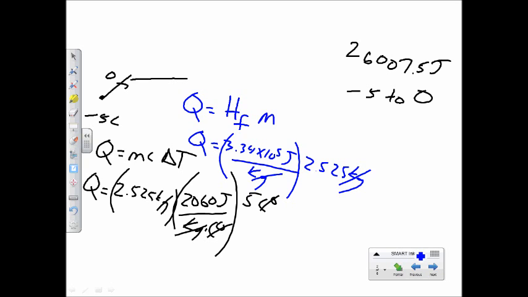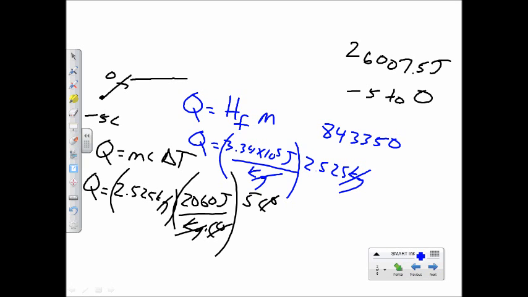So 3.34 times 10 to the 5th times 2.525. So that means the heat of fusion is equal to the change in temperature times the specific heat. How'd you get that? Q equals mc delta T, so we took out the C and delta T. Left the M. Oh, no. Completely different thing. Here we're changing the temperature. Here we're changing the state. These Q's are not equal to each other.